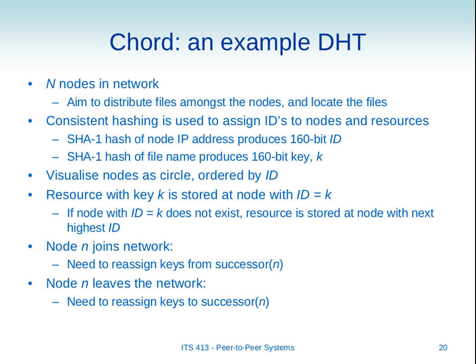If I'm looking for some resource R, I must know the key for that resource, so I search for a resource with some key K. In Chord, as an example distributed hash table algorithm, we have a set of n nodes in the network, and the aim is to distribute the files, the resources, amongst those nodes, and then make it easy to locate those files or resources.